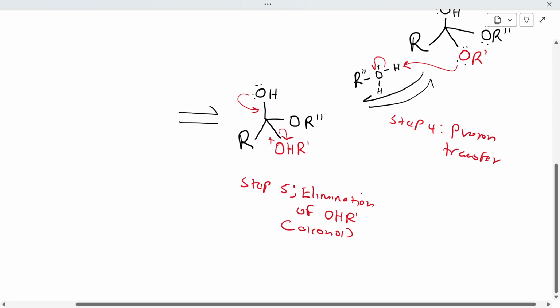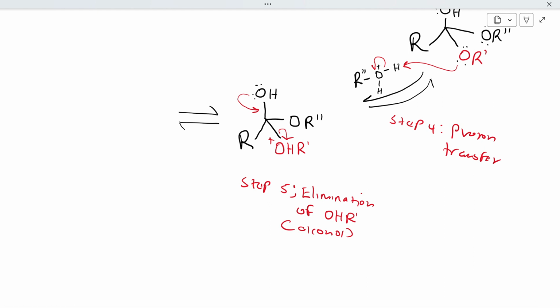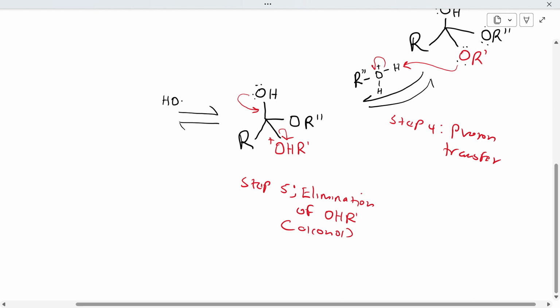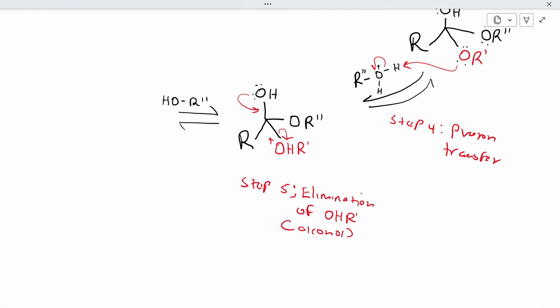Now, when I get to the next thing that I'm forming, I'm going to form a new product, and the product is going to be influenced by an alcohol that is still found in the solution. So what is going to happen? I'm going to form a situation whereby I'm having a double bond.